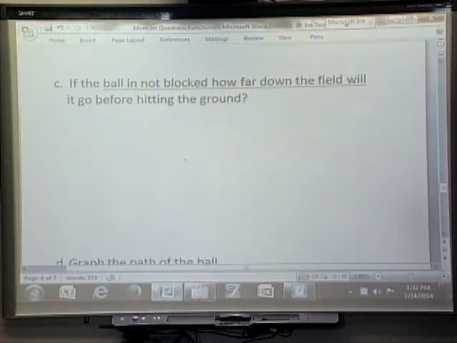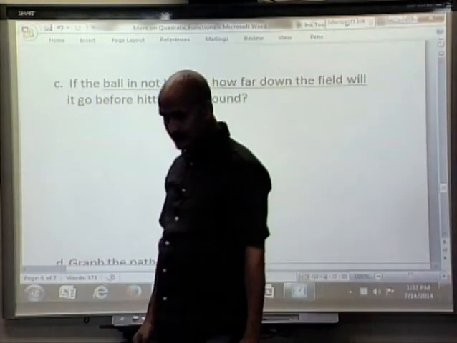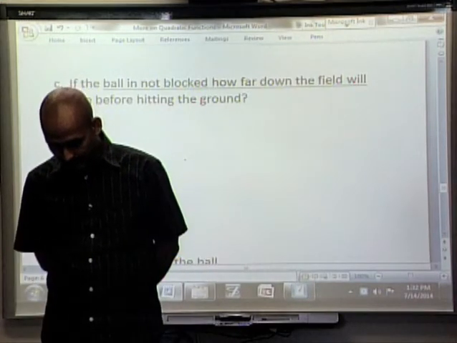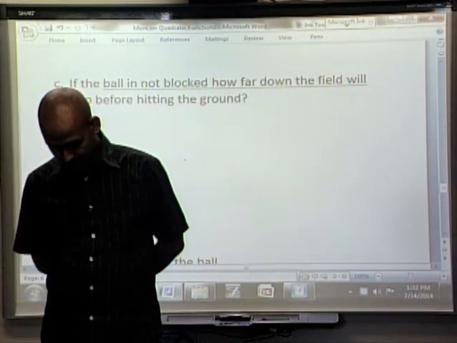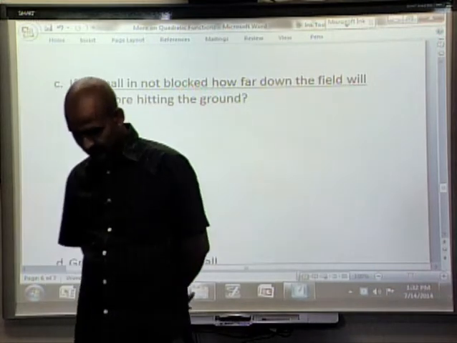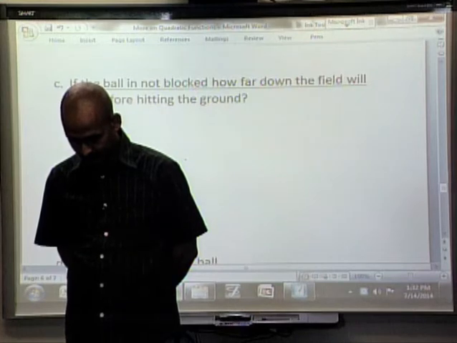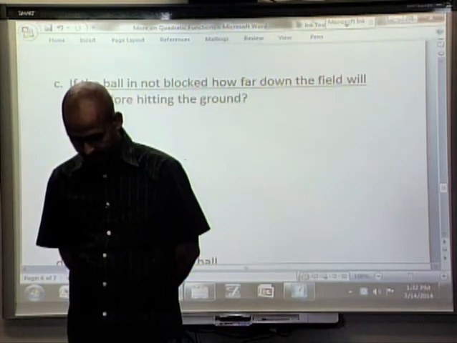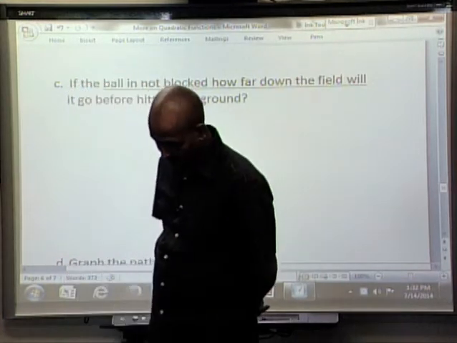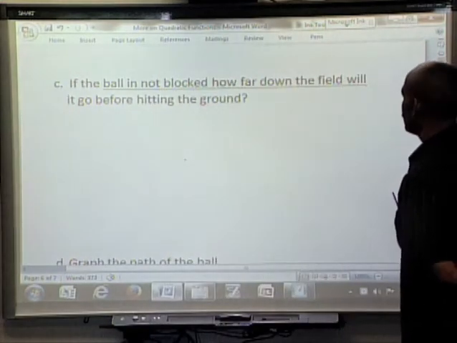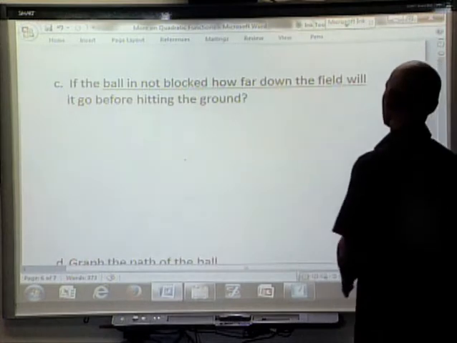Okay, the third question is, if the ball is not blocked, how far down the field will it go before hitting the ground?